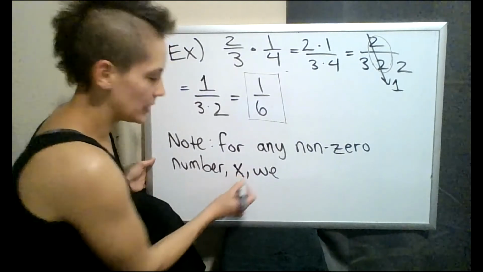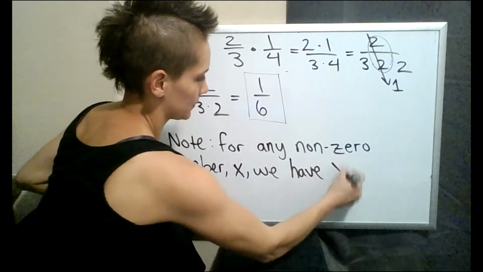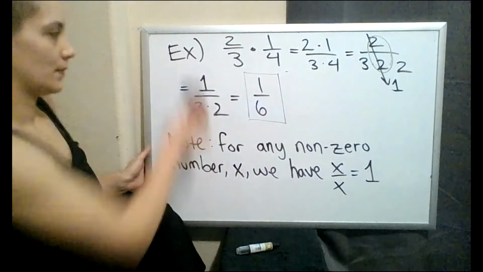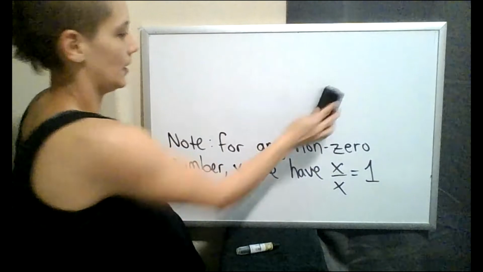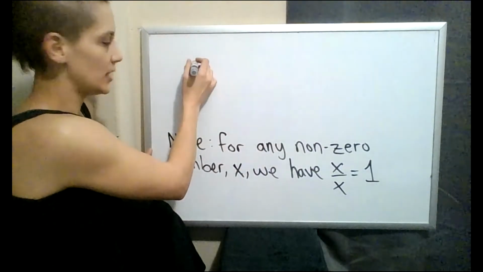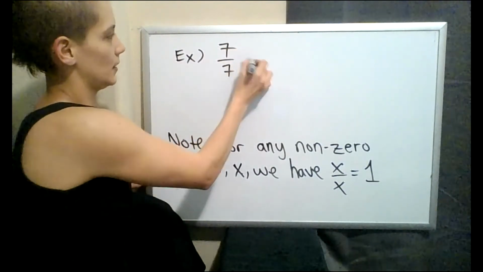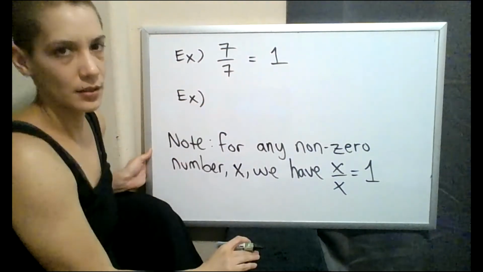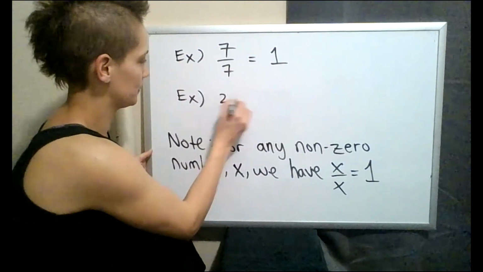So if you put a number over itself, it reduces to 1. Like, let's do 7 over 7. That's one. Put 201 over 201.